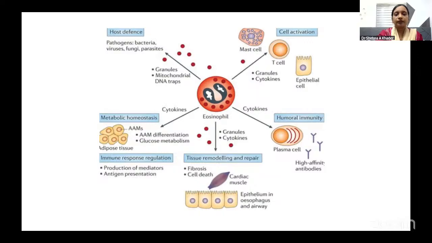So these are the effects of the eosinophil, and it releases cytokines resulting in various effects, which are a major factor in the pathogenesis of asthma.